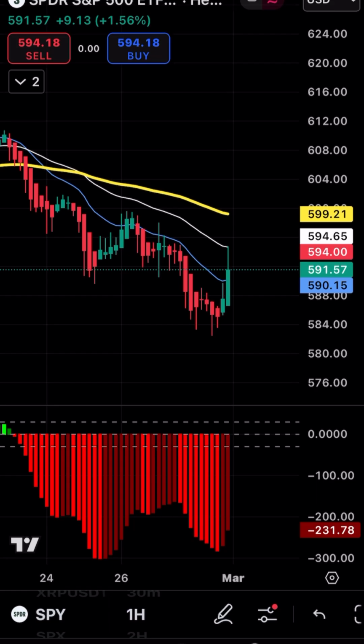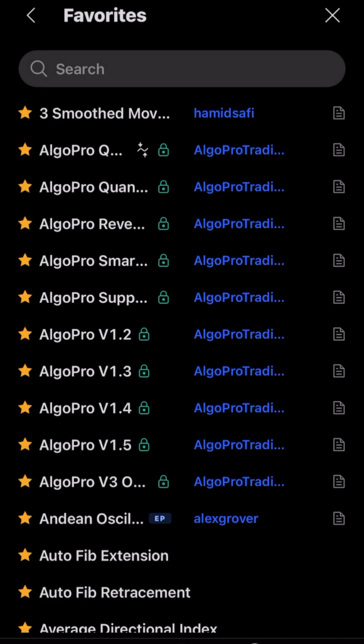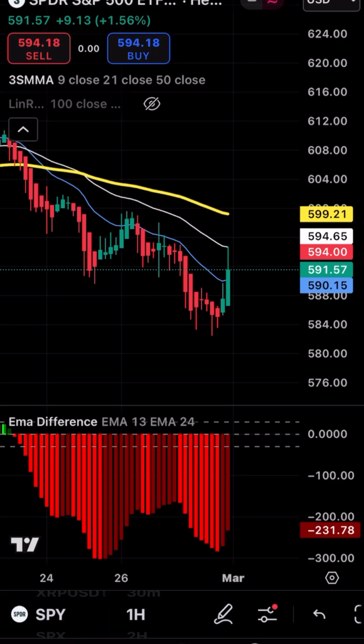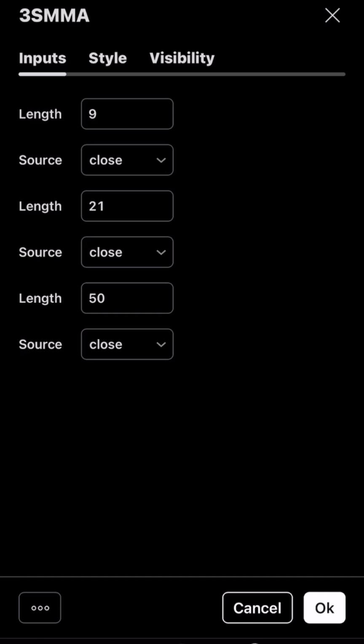Basically, the first thing we want to do is set up the indicators here. So the first thing you're going to need to do is set up these 3 moving averages. If you go to your settings and go to three smooth moving averages, you want to set your settings to 9, 21, and 50.